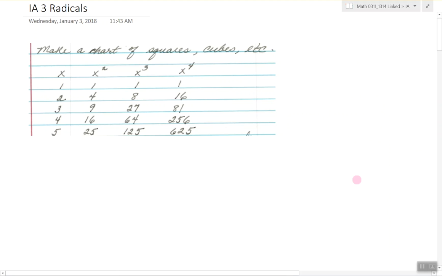All right, just as an introduction to square roots, the square root of 4 is equal to 2 because 2 squared is 4.